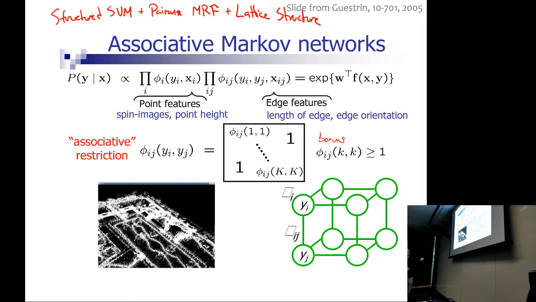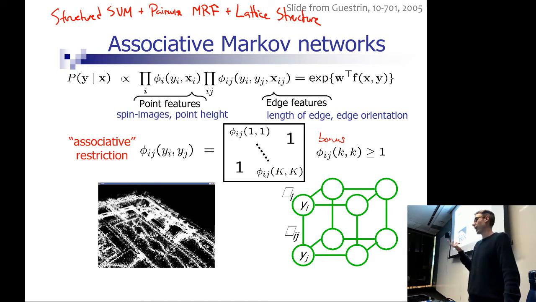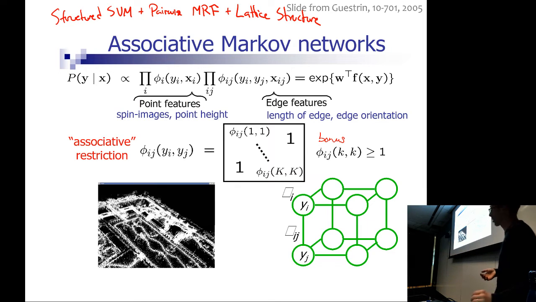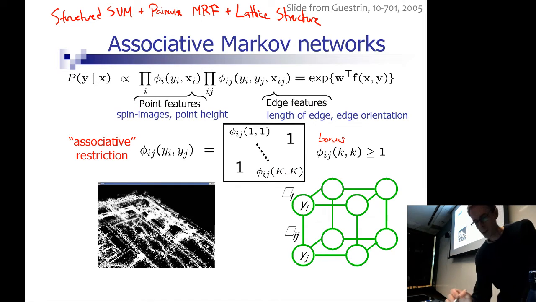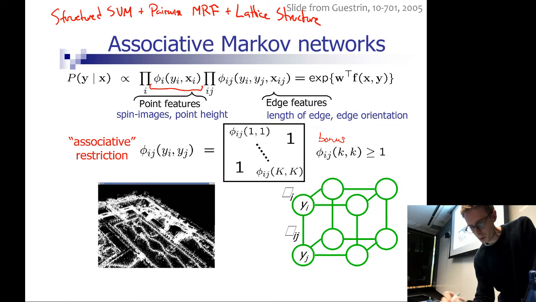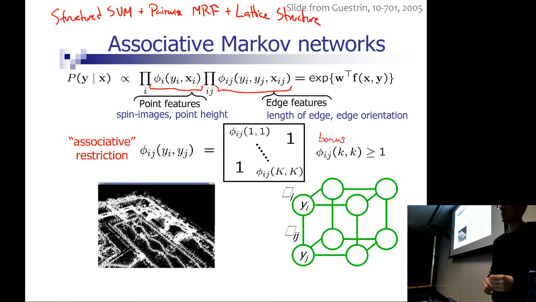But here, what we have is this sort of three-dimensional lattice of points, and adjacent points have an edge between them. And that edge has some potential function attached to it. So this gives us both point potential functions and edge potential functions.